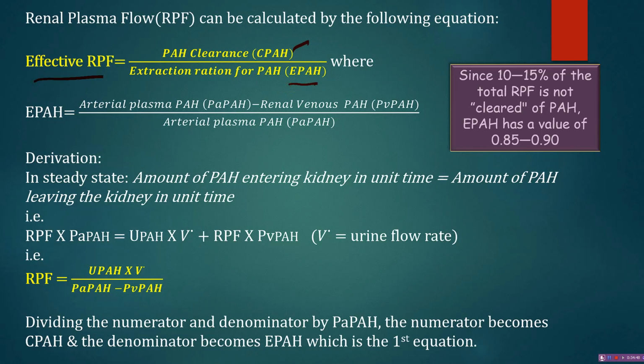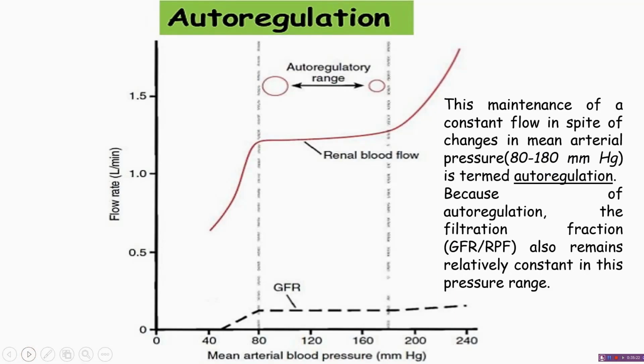The derivation of the equations follows the same principle as Fick's principle: in steady state, the amount of PAH entering the kidney and the amount of PAH leaving the kidney in time is the same. Dividing the numerator and denominator by PAH, we get this equation: effective RPF equals clearance of PAH by extraction ratio of PAH.